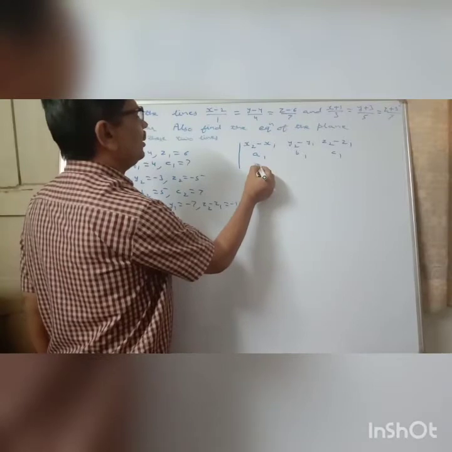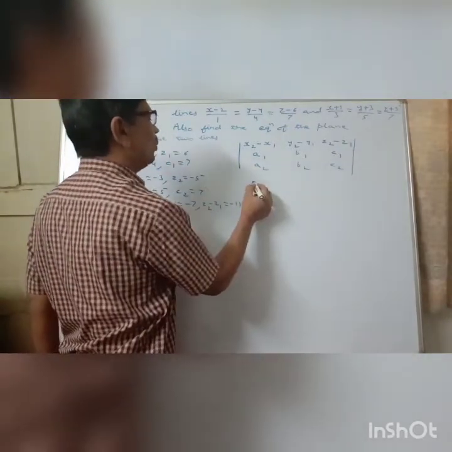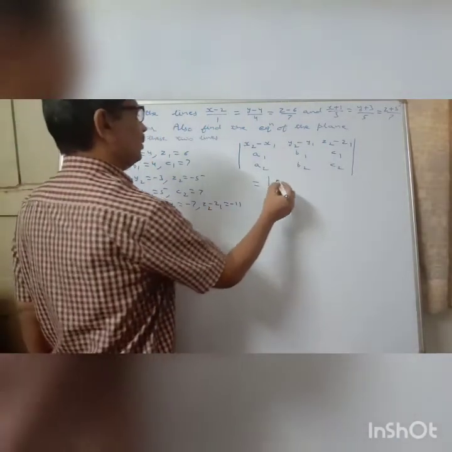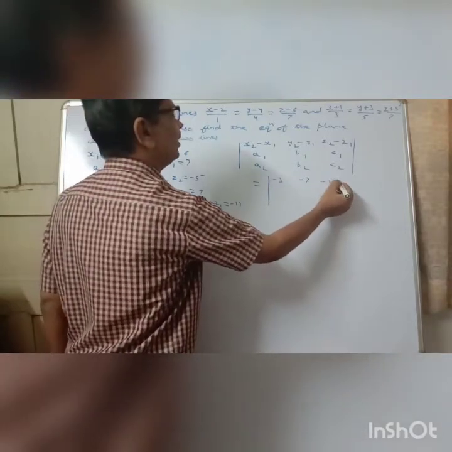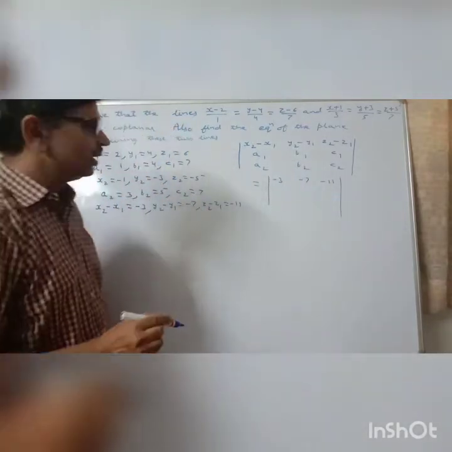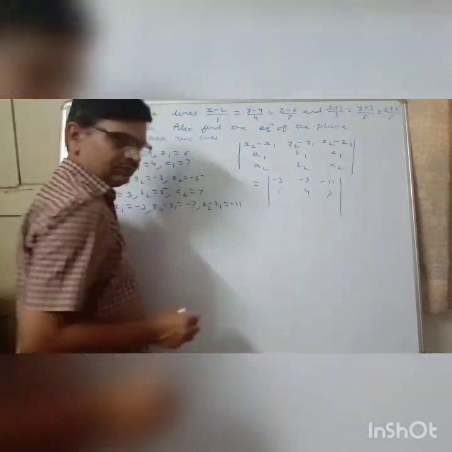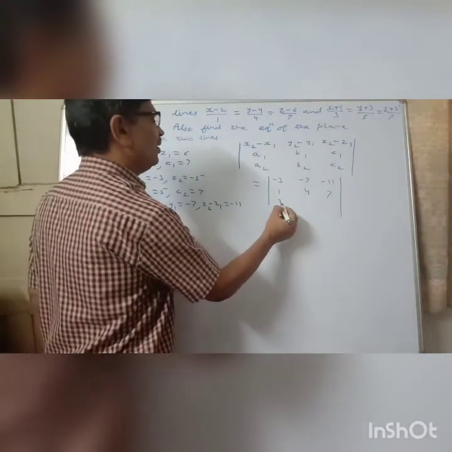Third row, a2, b2, c2, equal to, put the corresponding values: minus 3, minus 7, minus 11. Second row, 1, 4, 7. Third row, 3, 5, 7.